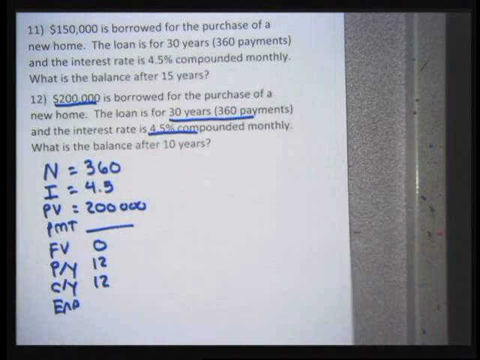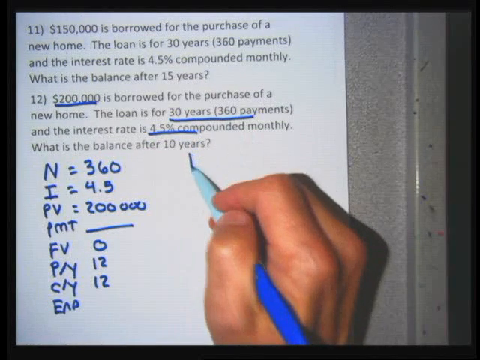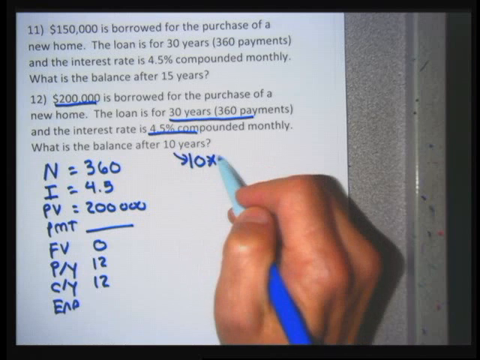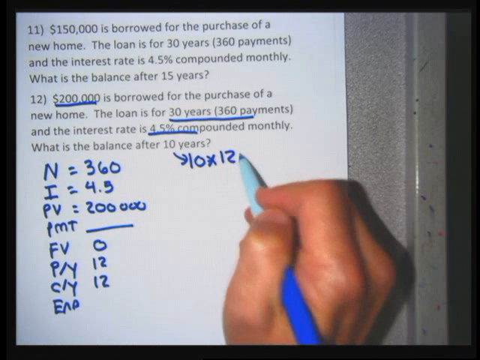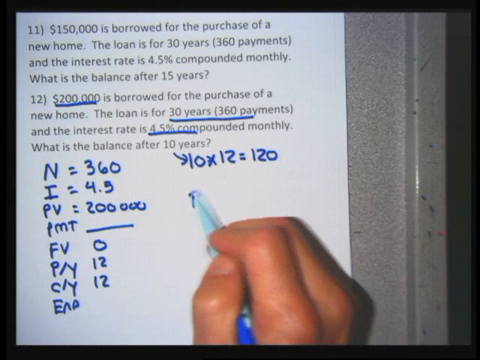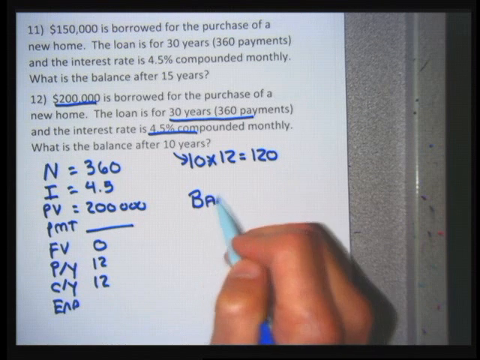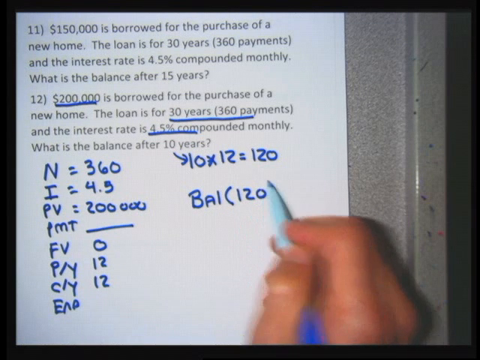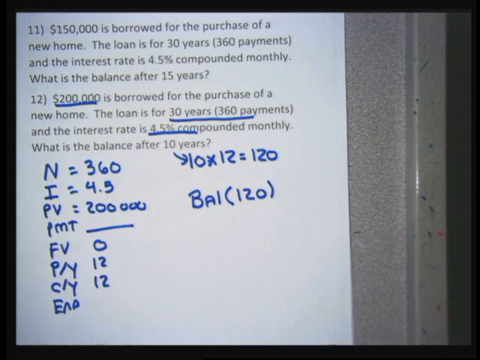Now I'm going to find the balance, and it's the balance after 10 years. To take 10 years and make it into months, it's 10 years times 12 payments per year. It's 120 payments. So on my calculator, I'm not going to do balance 10 because that would find the balance after 10 months, not 10 years.